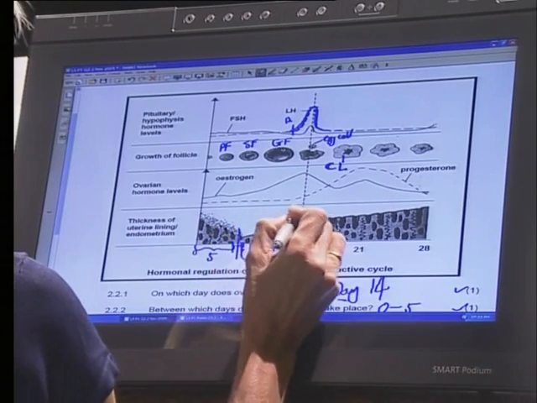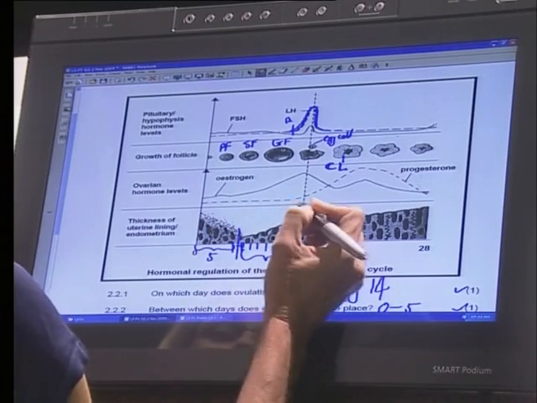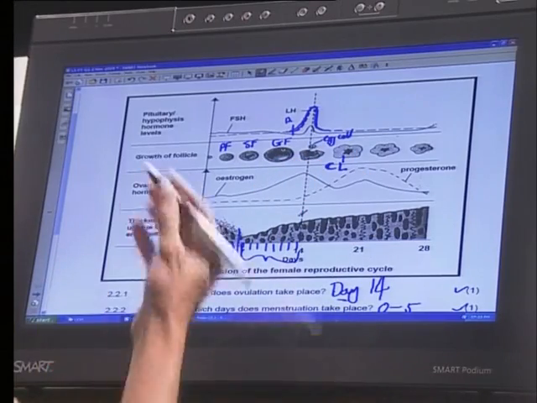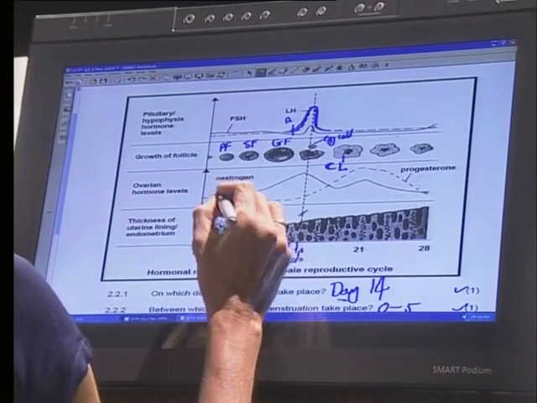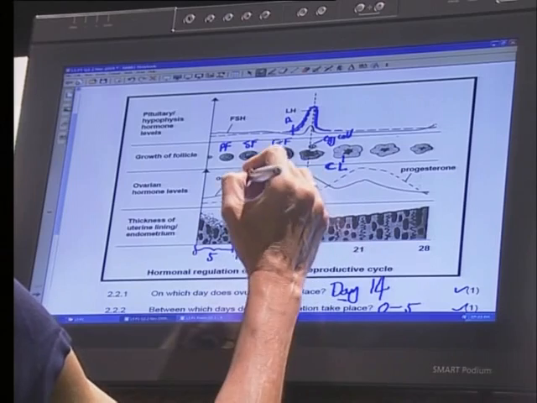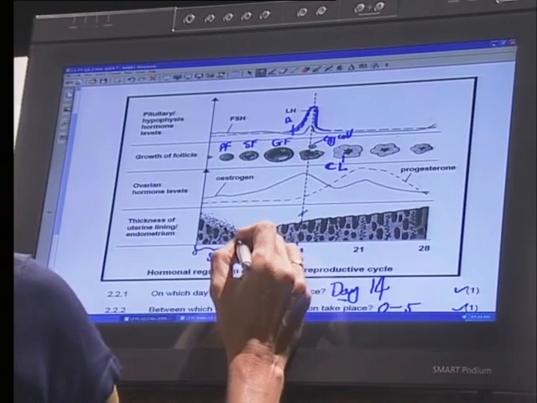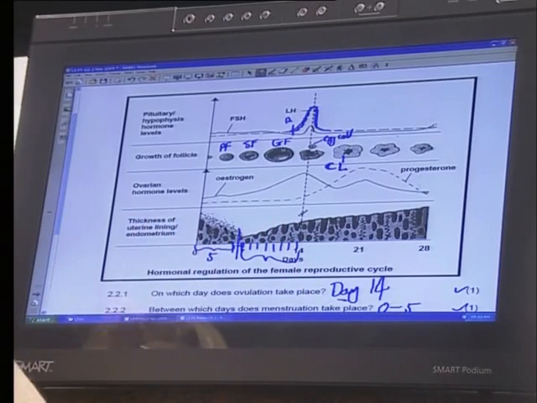We're looking at the endometrium getting thicker, and at our estrogen level increasing. So what is the relationship here? As the estrogen level increases from day 7 to day 14, the lining of the endometrium thickens and increases.